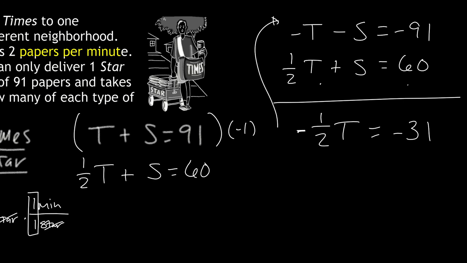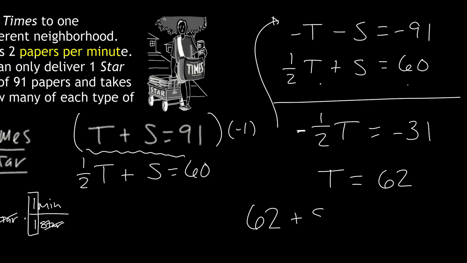So if I multiply both sides of this by negative 2, on the left-hand side I get a positive T, and on the other side I get positive 62. So T is 62. Now to solve for S, I'll use the original top equation: T, which is 62, plus S is 91.